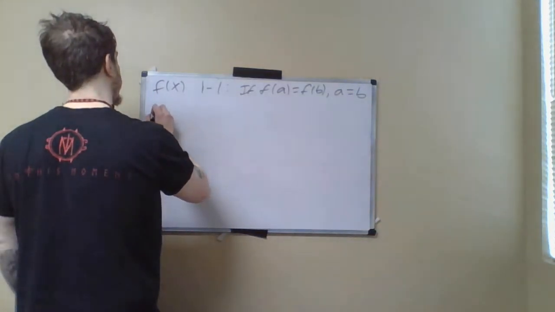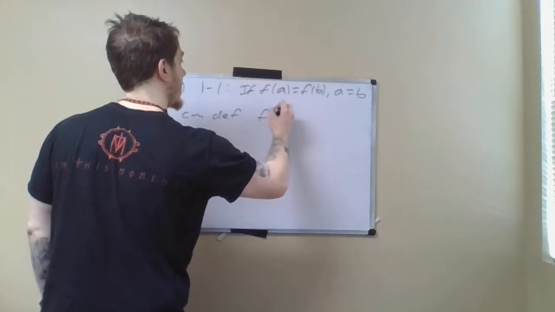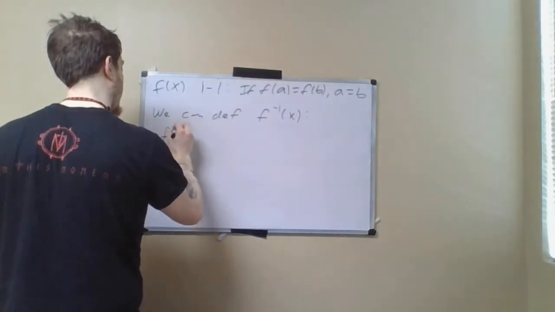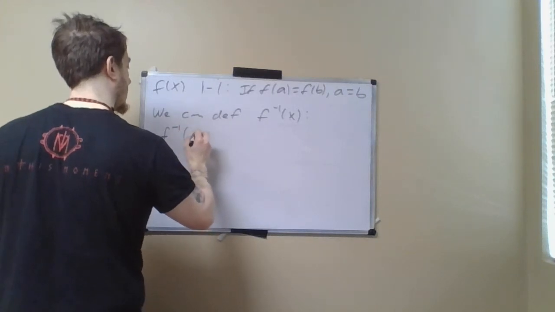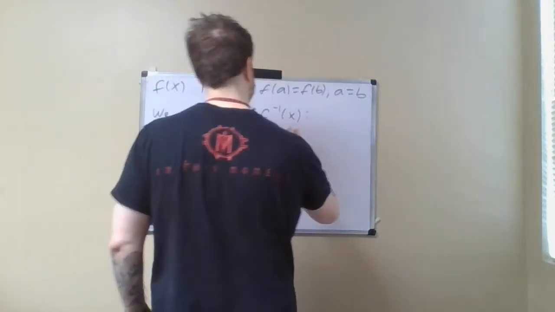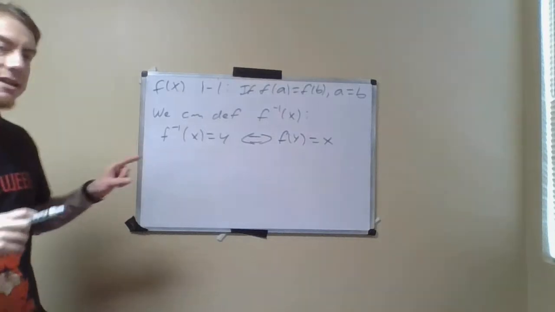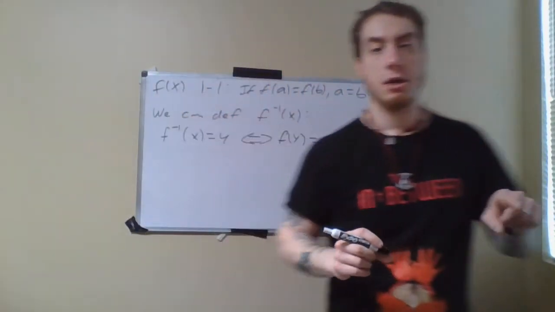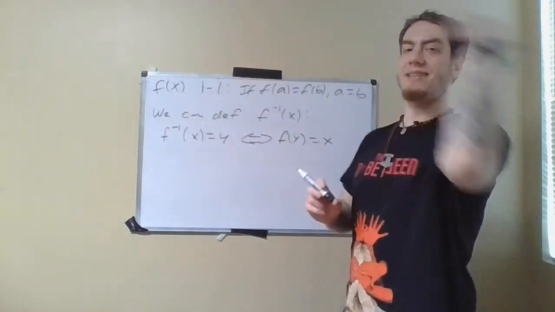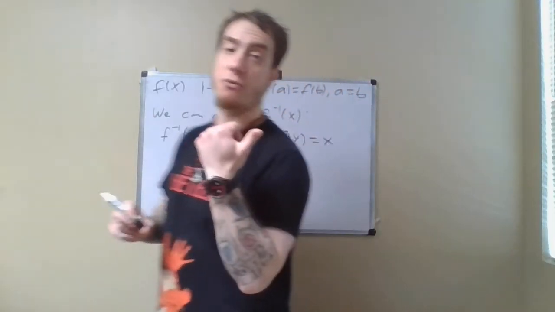In this case, we can define f inverse of x so that f inverse of x being equal to y means that f of y is equal to x. So the idea here is that f inverse just takes whatever you did with f and it sends it backwards. It takes the thing from the range and it pops it back to where it came from.